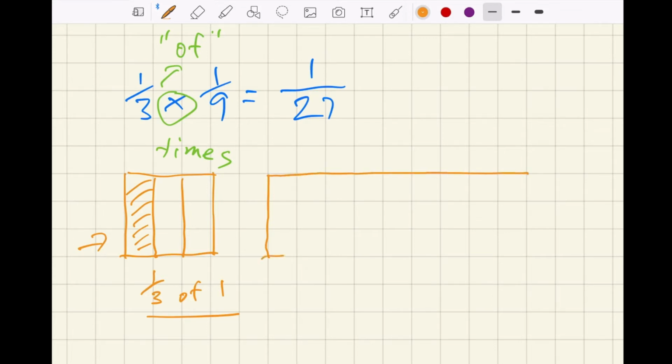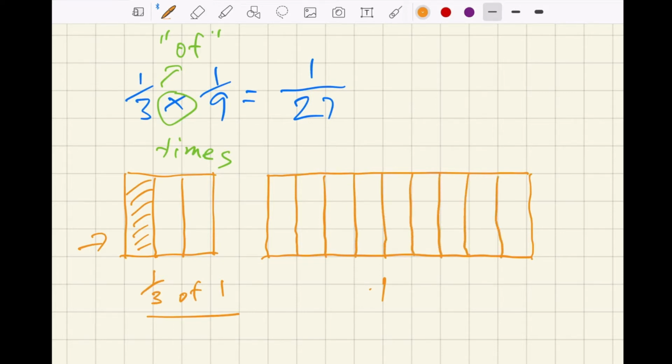So that should be 9 across. And so that's 1. So I'm going to take this 1 and now I'm going to make 1/9. I'm going to draw these lines down here. And I've got 1, 2, 3, 4, 5, 6, 7, 8, 9. So each of these is 1/9.